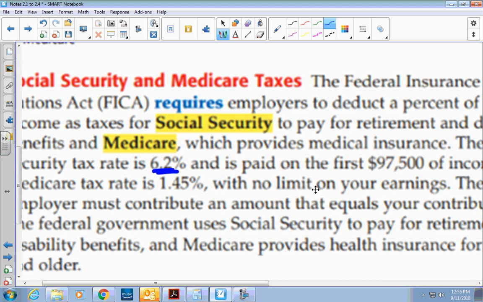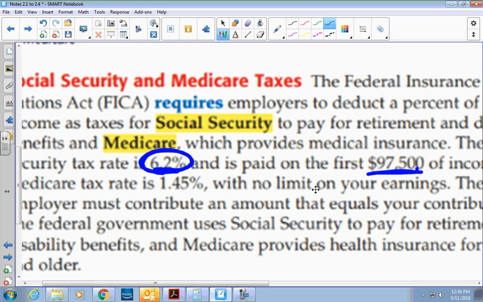So go ahead and circle 6.2%. And I have really bad news. When this book was written, and this is not the most current book, you only had to pay taxes until you made $97,500.